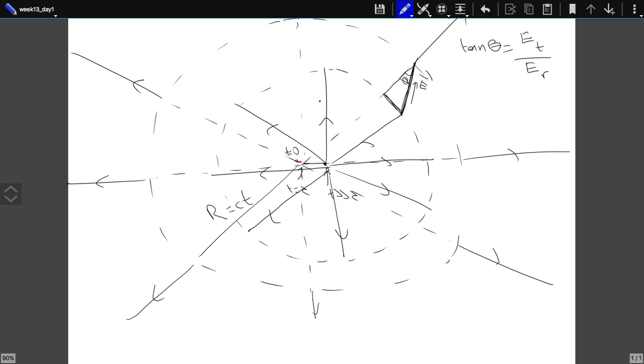Well, let me give it a different name. I will call theta something else. Let me call that alpha. So the tangential component of the electric field is nothing but the radial component of the electric field times tangent alpha.